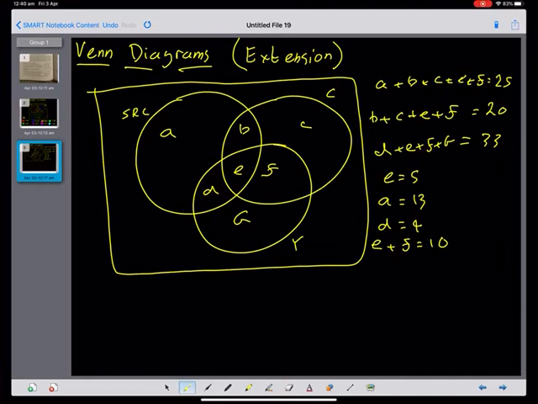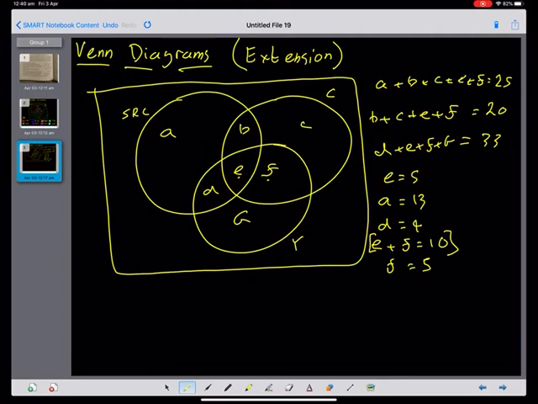Now, do you see where that is? I'm going to read that again. 10 members belong to both yoga and chess, so that is going to be E and F. We know that E is equal to 5, so F then must be equal to 5 also. I'm going to put this in brackets.